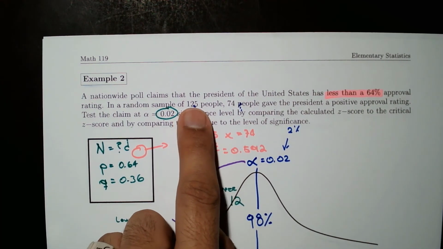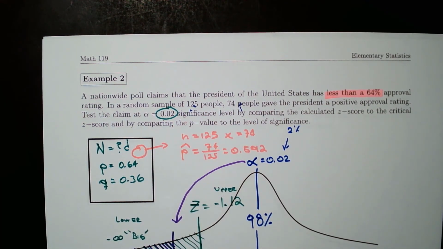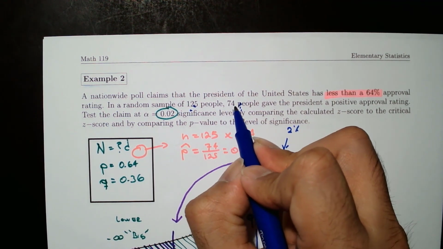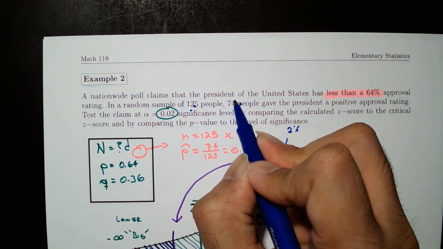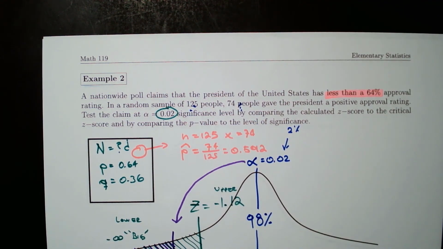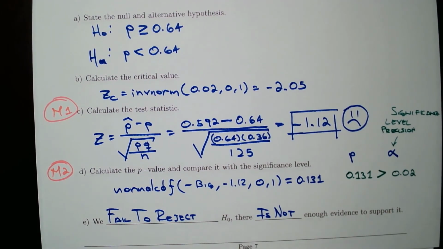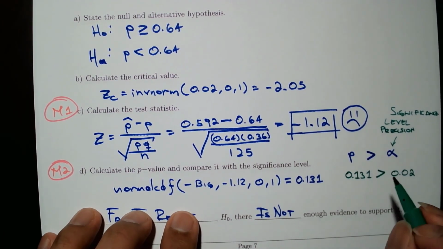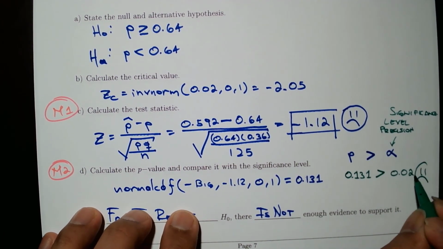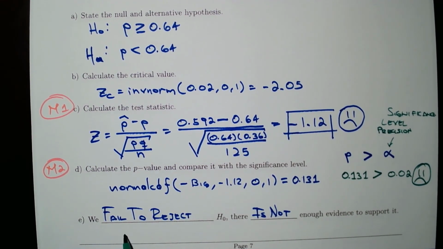Or even if the sample size was good, and in this case it's a good sample size, we needed the number of successes to be different. For this reason, we failed to reject the null hypothesis.